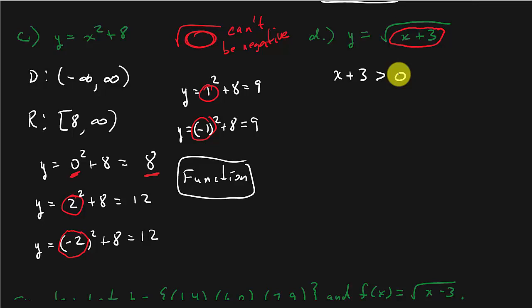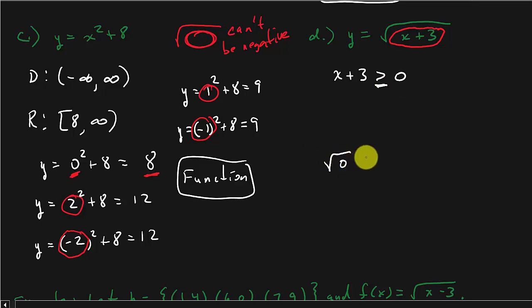Now, let me ask you this: is it okay for it to be equal to 0? Can we take the square root of 0? Well, let's see. The square root of 0 is 0. So that's right. Whatever's underneath this radical has to be larger than 0, or it can equal 0.